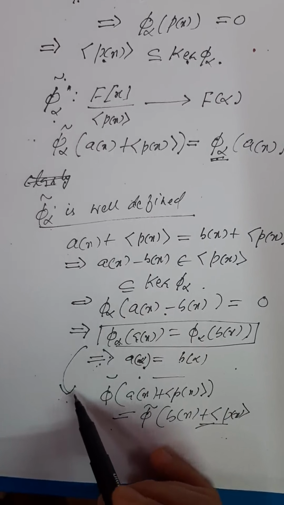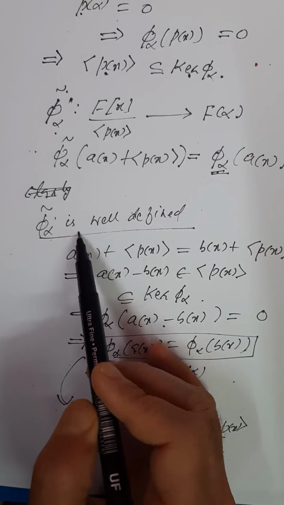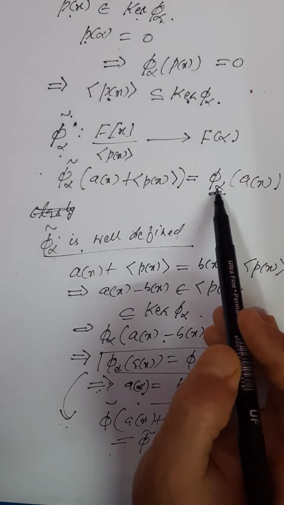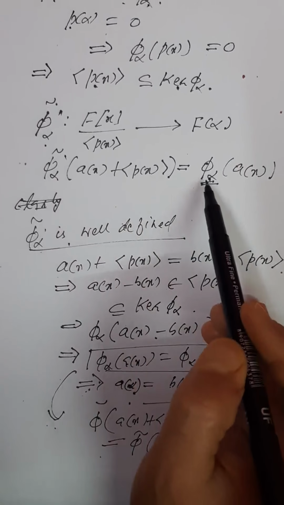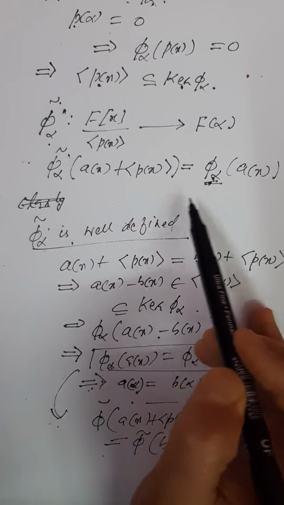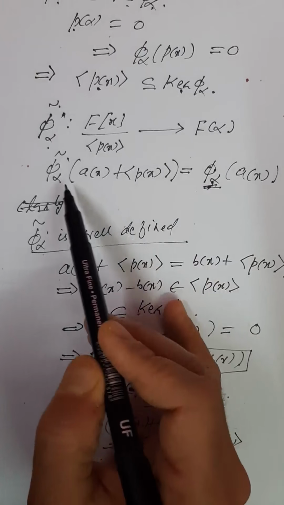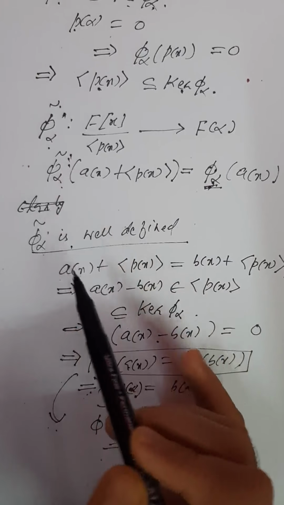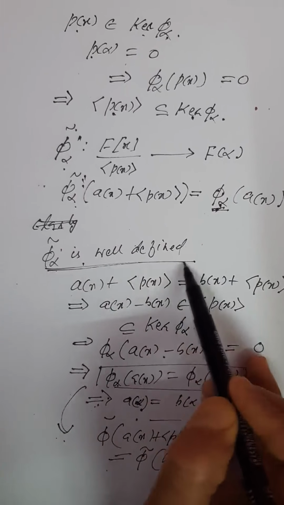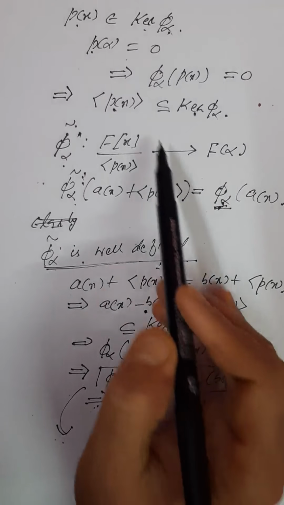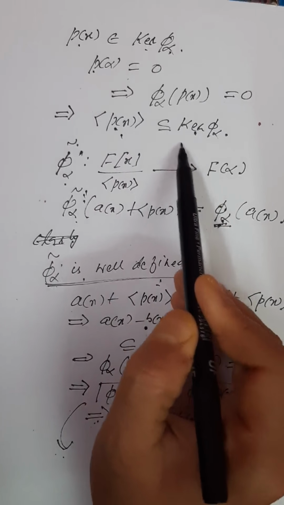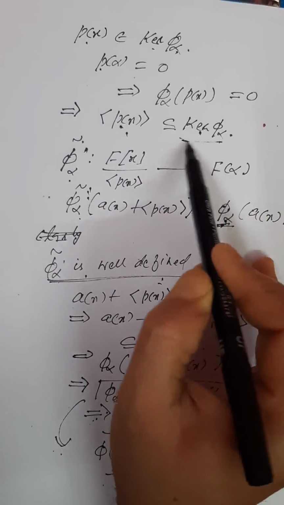It is clearly a homomorphism because it is defined in terms of phi alpha, which is a homomorphism. The map is well defined because the ideal generated by p(x) is contained in the kernel of phi alpha.